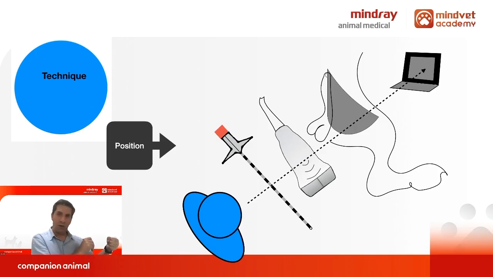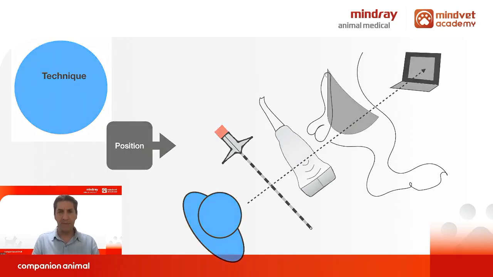I can't see all together, so I need to move my head and my hands separately. Doesn't work. It has been shown, even in veterinary medicine, that this setting reduces complications, reduces the time needed to perform the block, and increases efficacy.